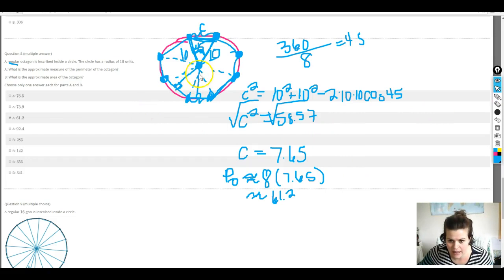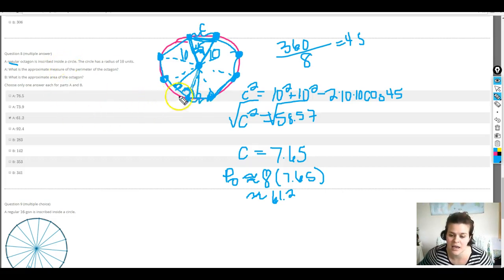So to find our height, since we know that it's not going to be 10 exactly, we can find what the angle measure is of one of these interior angles right here. And we know that from our center to the vertex, it will split the octagon angle at that vertex in half.